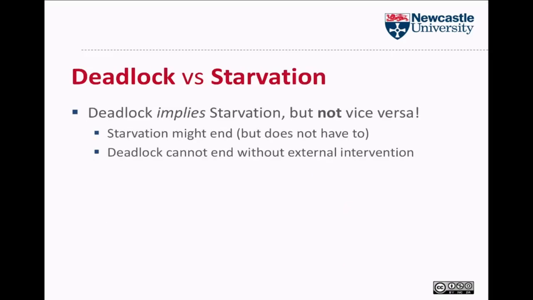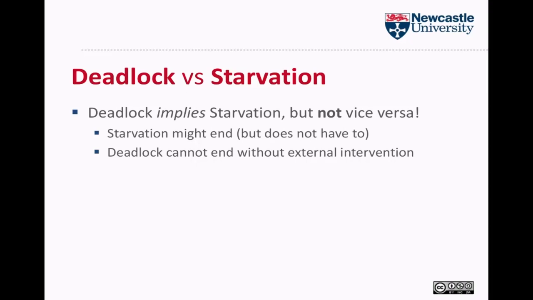The other important thing is that deadlock implies starvation, but not vice versa. Why? Because if I'm stuck forever, then that implies that I'm starving, and P3, as in the prior example, is not going to continue.